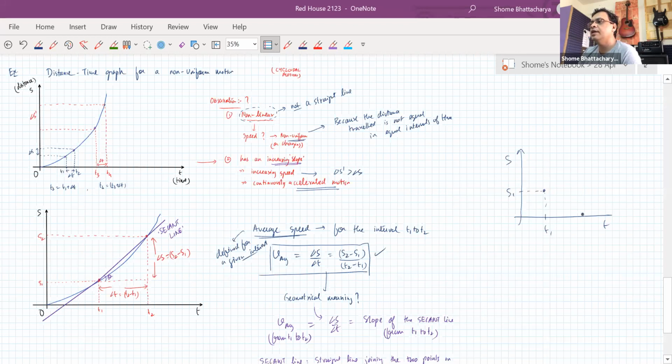And at some time T2 the total distance from the origin was S2. So now any graph that passes through these 2 points could be a motion which went like this, it could be a motion which went like this, it could even be a motion that went like this, straight line, I mean uniform motion, but all three will have the same average speed between T1 and T2. Because all three have the same secant line.